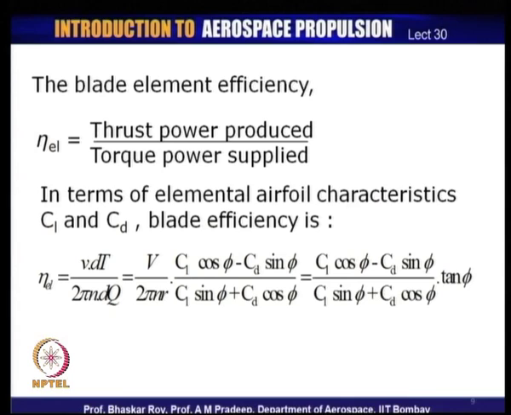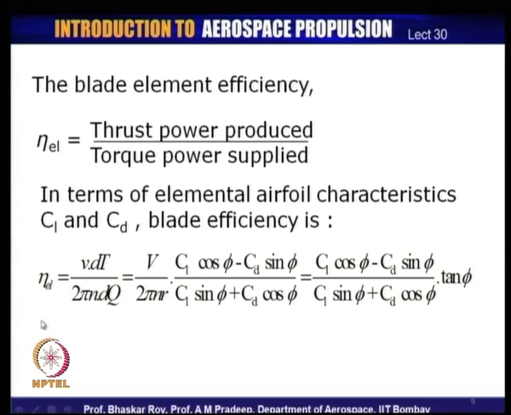So, the elemental aerofoil characteristics that we have seen before can now be made use of, and if you do that, the elemental efficiency comes out in the form of CL and CD.